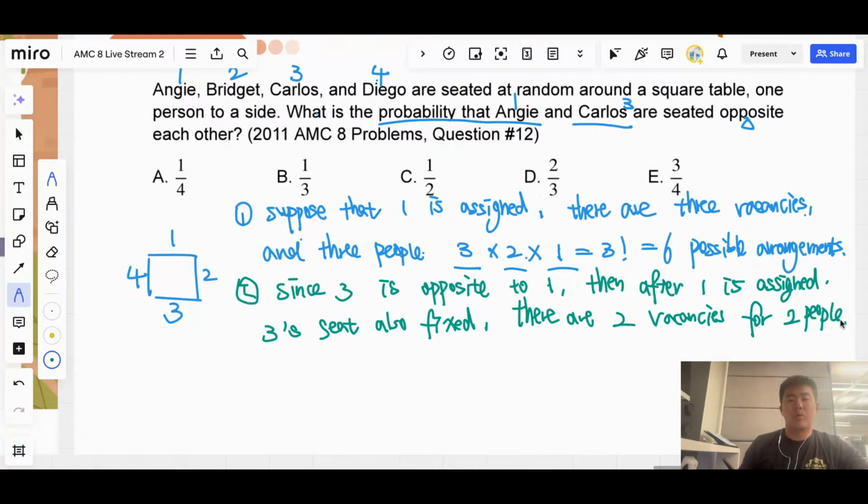In this case, we have another factorial calculation, which is 2 times 1, right? Because the first person has 2 choices among the 2 seats, while after he or she sits down, there's only 1 seat left. So the last person can only take whatever is left. So this 2 times 1 equals factorial 2, which equals 2.